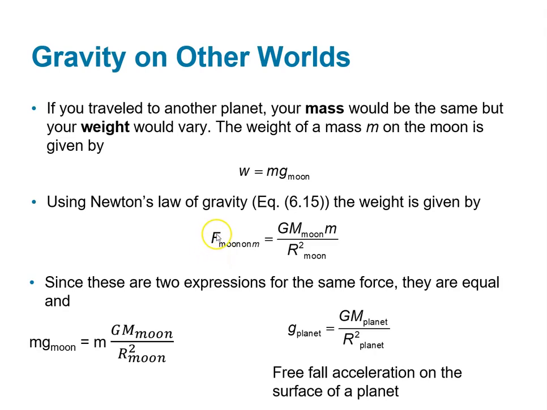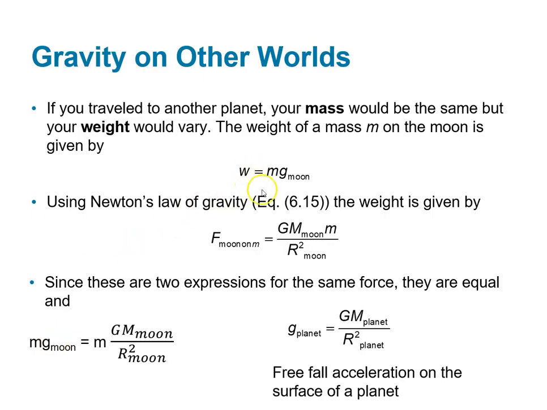Now, if we want to figure out the force between you and the moon, you just put in the values: for you, it would be little m, the mass of the moon would be big M, this is a constant, and this would be the radius of the moon.